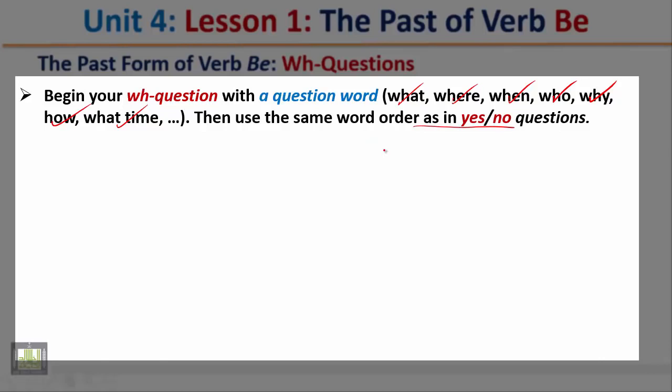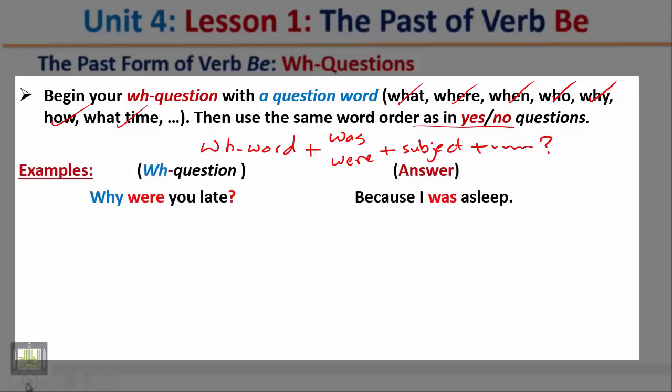So, in WH questions, we begin with the WH word, plus the verb was or were plus the subject, and then complete your question.